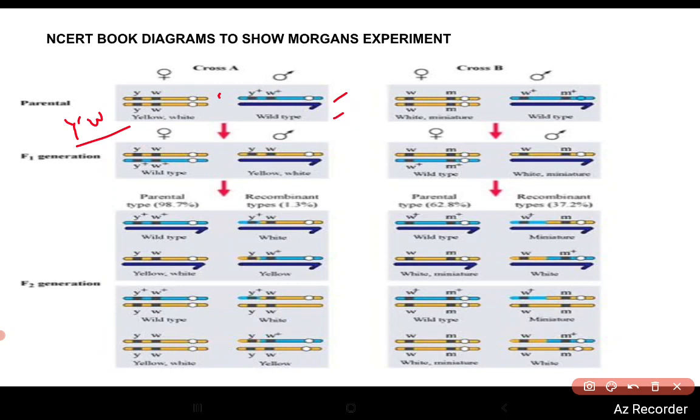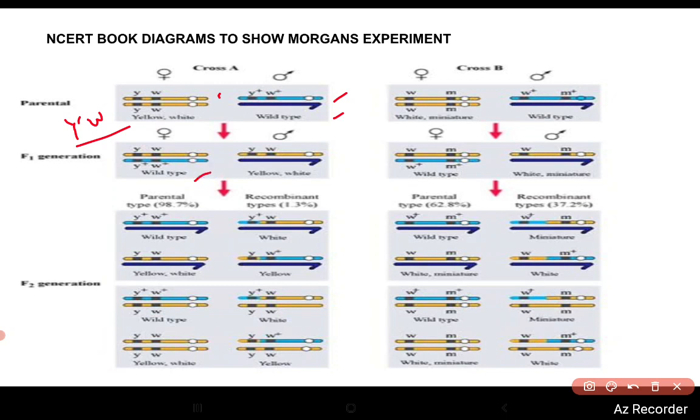So here there are two types of gametes in the male, and one type of gamete in the female.